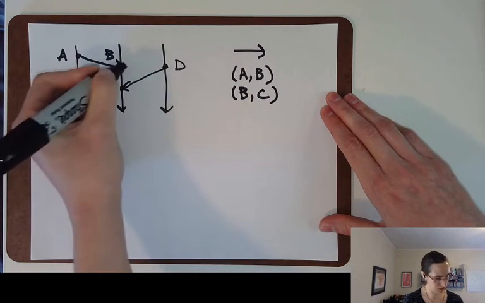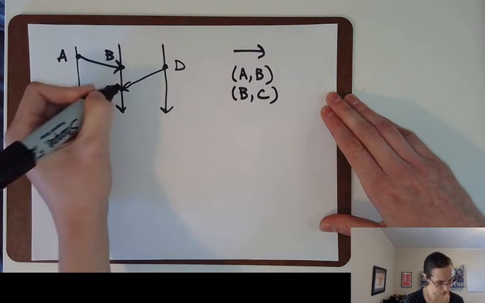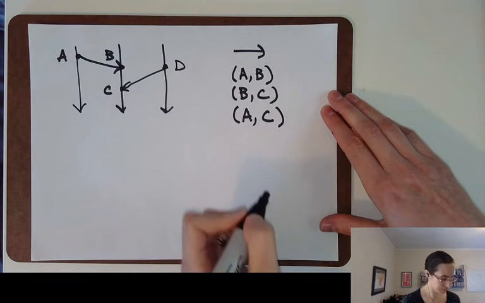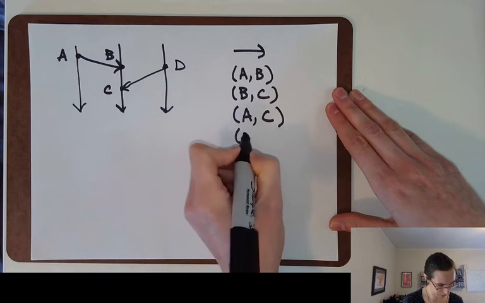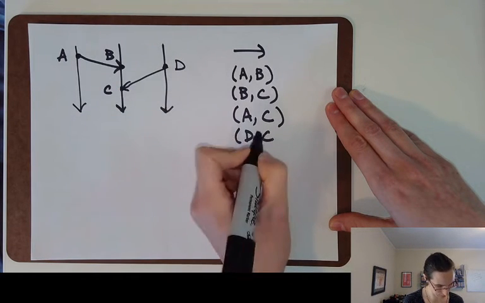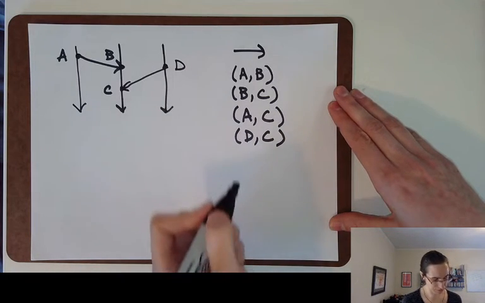Because B is before C on the same process line. And then we know that A happens before C because of transitivity. And we know that D happens before C, right? Because D is a send and C is a receive. Is that it, or did I miss any?